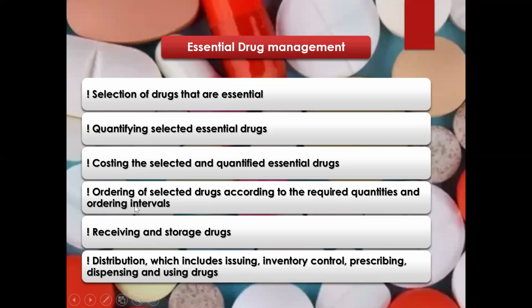What we mean here is that some persons order every 6 months, some people are on a yearly basis. Then receiving and storage of those drugs. Then the last is distribution, which includes issuing out the drugs, inventory control, prescribing, dispensing, and use of drugs in a rational way.